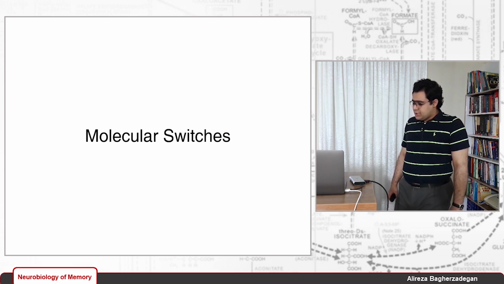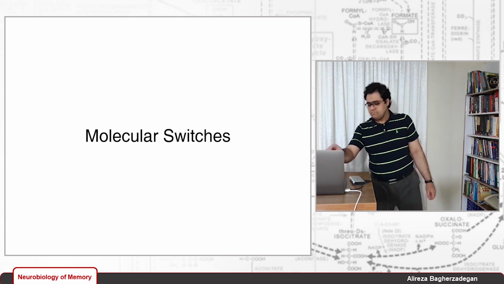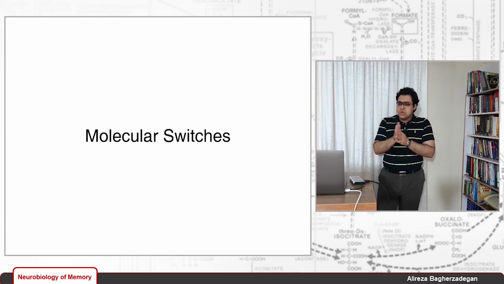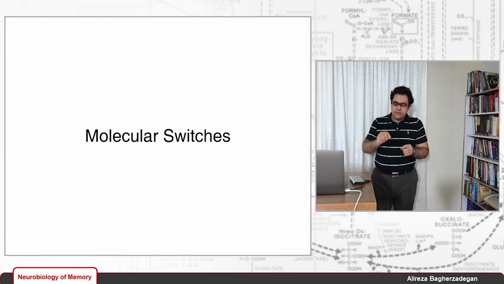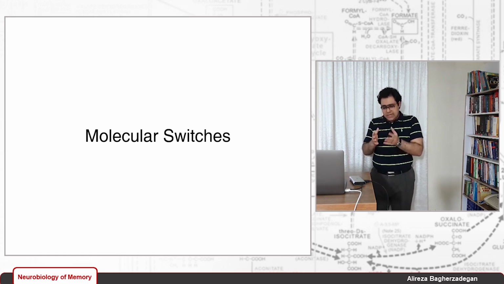So, molecular switches. There are some intracellular signaling proteins which are like switches. I mean, like a switch, they have an on and off state. In the case of biomolecules and proteins in the cell, when we say that they are in on state, it means they are active.